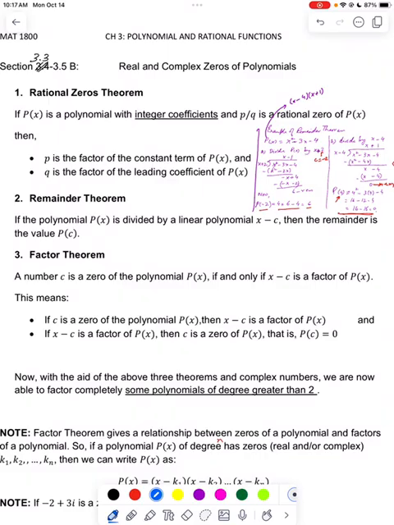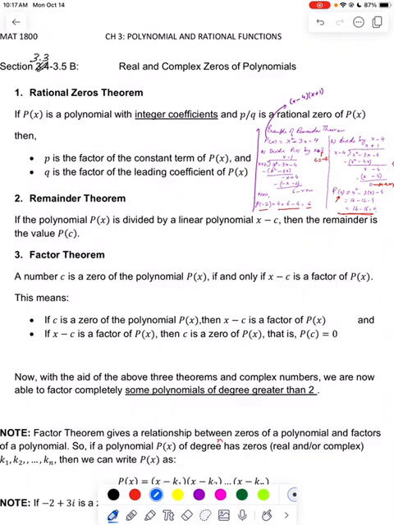And then the last place where we left was the remainder theorem, which tells us how to find a rational zero of a polynomial. So we are going to look at these three theorems because they are going to help us factor out the polynomial and find the zeros of the polynomial.